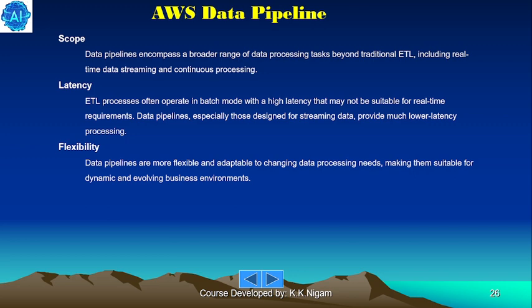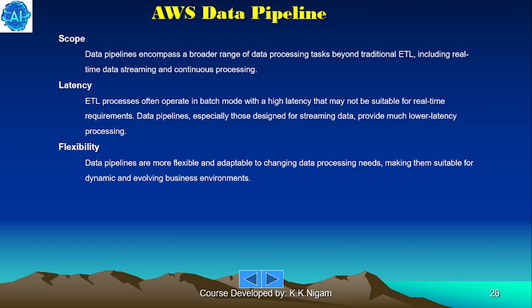Scope. Data pipelines encompass a broader range of data processing tasks beyond traditional ETL, including real time data streaming and continuous processing. Latency. ETL processes often operate in batch mode with a high latency that may not be suitable for real time requirements.